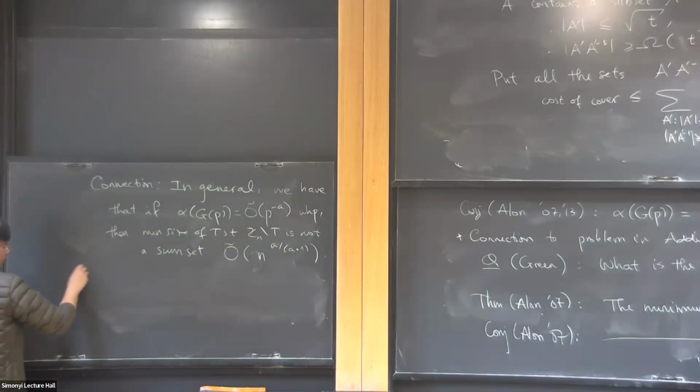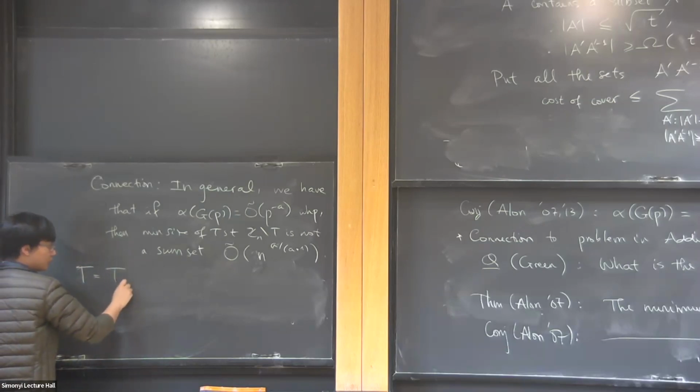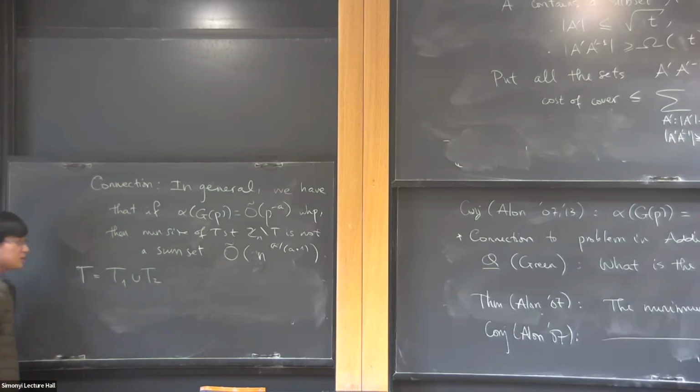Okay. So to see this, let's take the set T over there for which we want the complement of T not to be a subset B plus B, to be written in this way. So let's take T to be the union of two sets, T1 and T2.